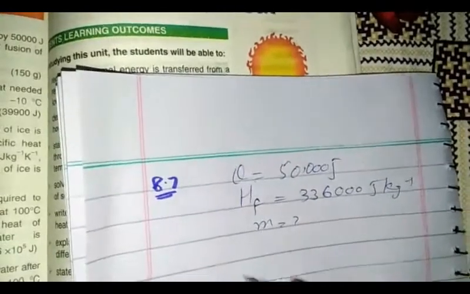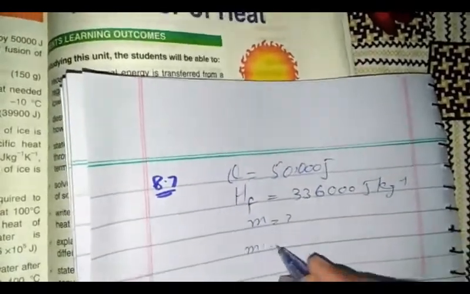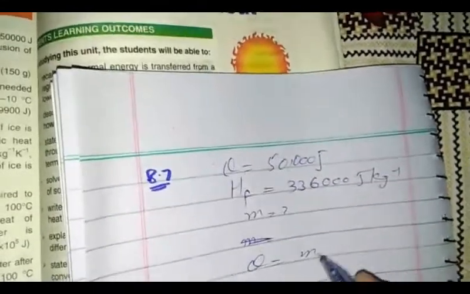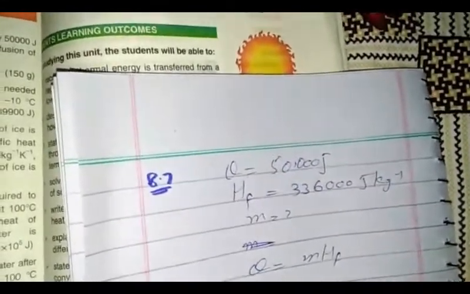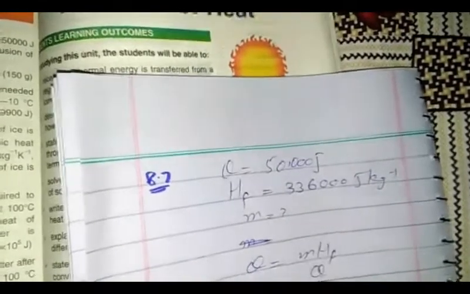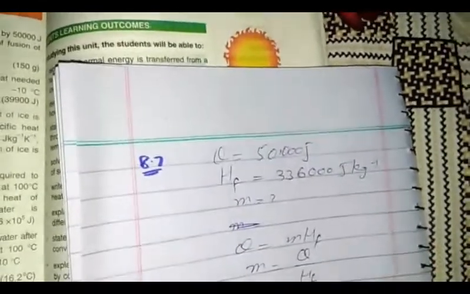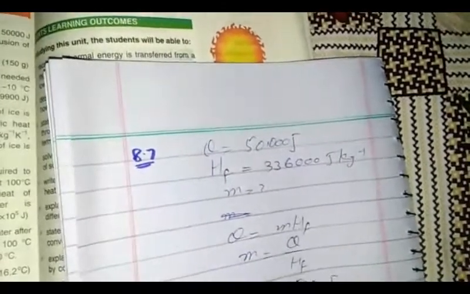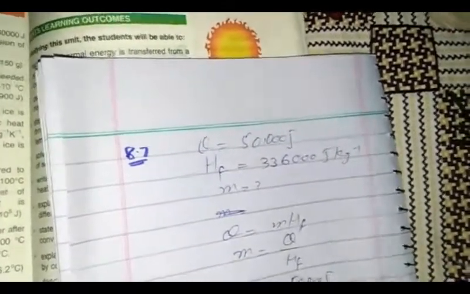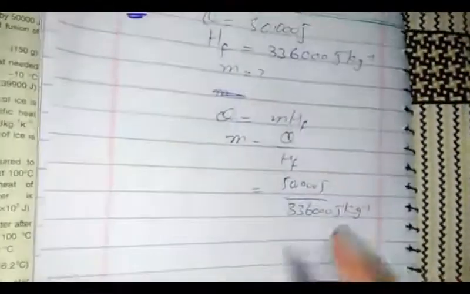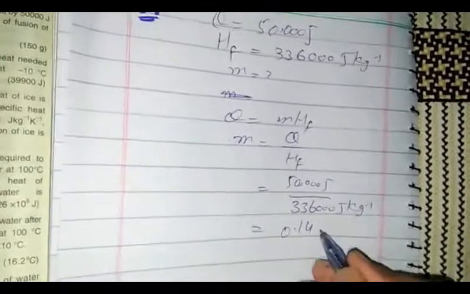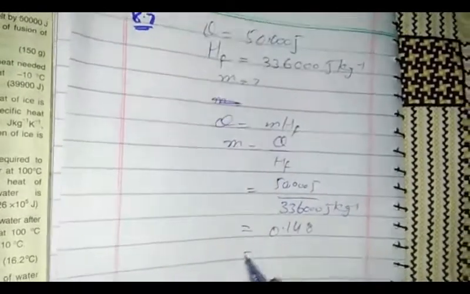The formula is Q is equal to m Hf, then m becomes Q over Hf. By putting values, 50,000 joule divided by 336,000 joule per kg. After simplification, our answer becomes 0.148.